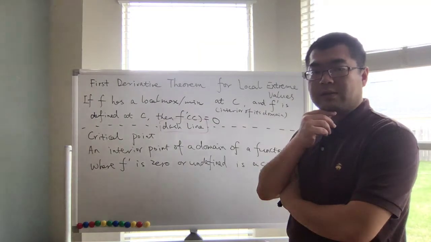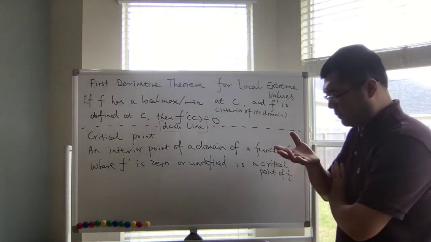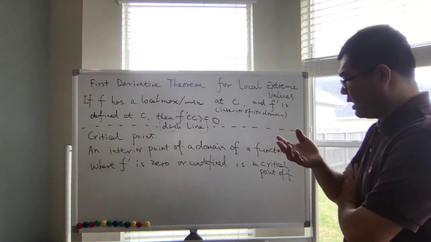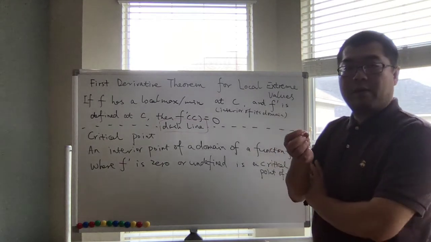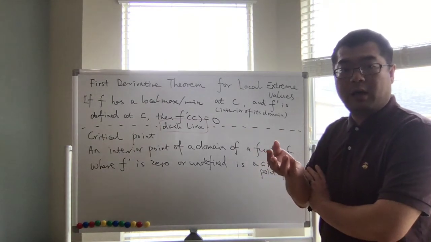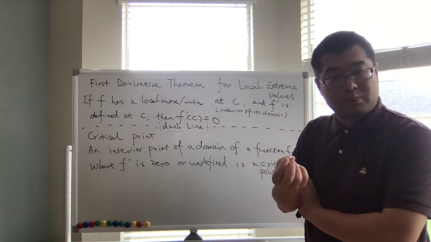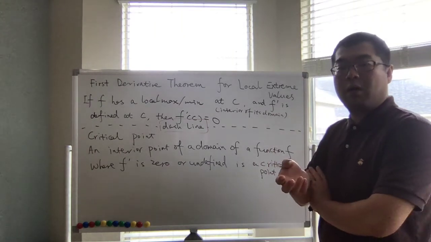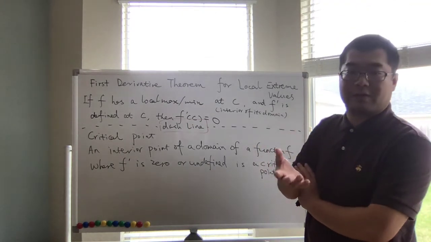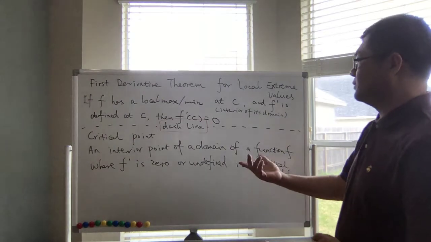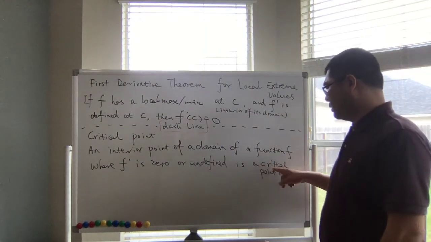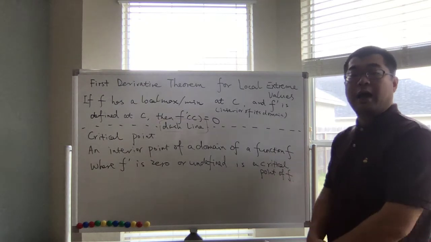An interior point of the domain of a given function f, where the derivative evaluated at this point is 0, or where the derivative is undefined, is called a critical point of the function.